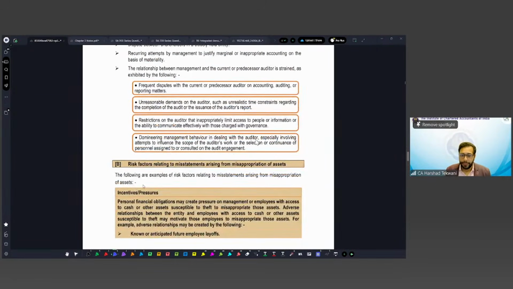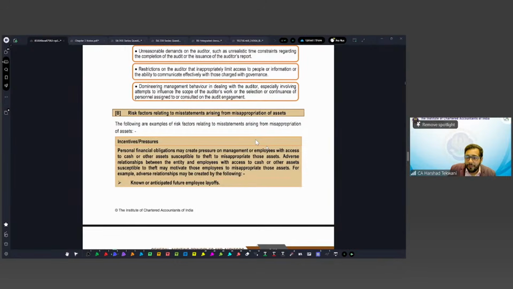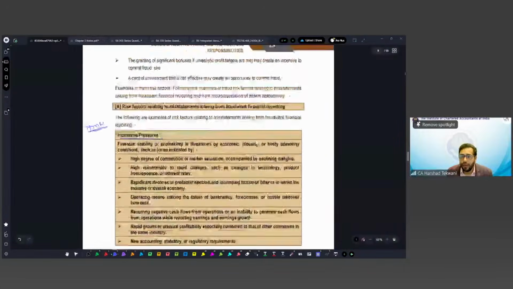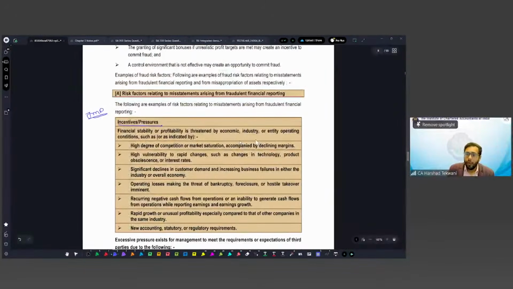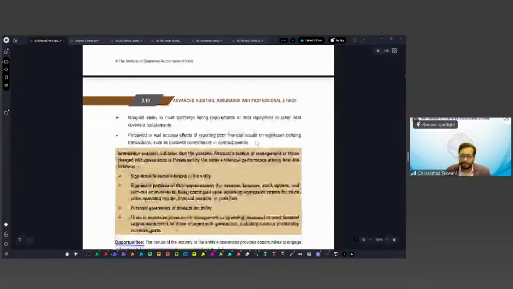Now this is again given for the misappropriation of asset. Earlier, those were with respect to fraudulent financial reporting. I will cover what fraudulent financial reporting and misappropriation of asset are at the time of execution after planning.